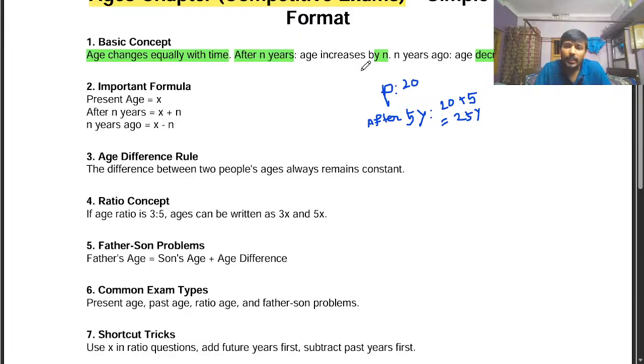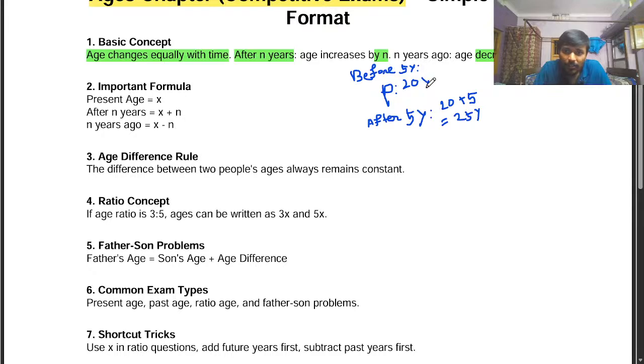What was my age 5 years ago? Now my age is 20 years.